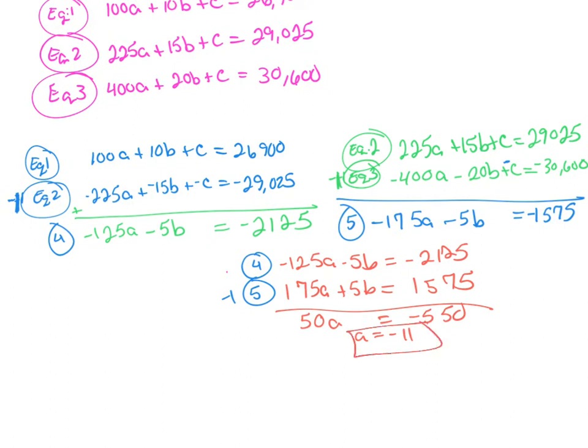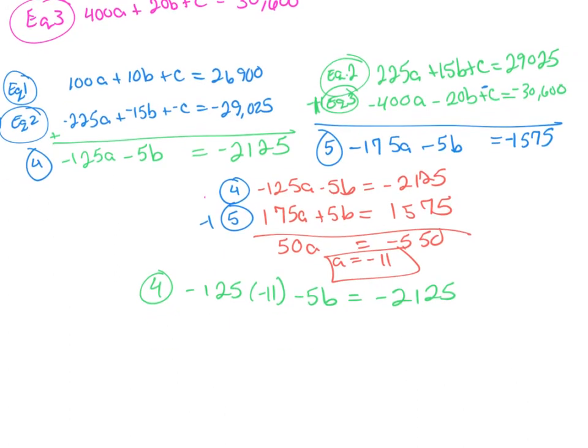We'll plug this back into equation 4 or 5. I'm going to choose 4. So negative 125 times a, which is negative 11, minus 5b equals negative 2,125.